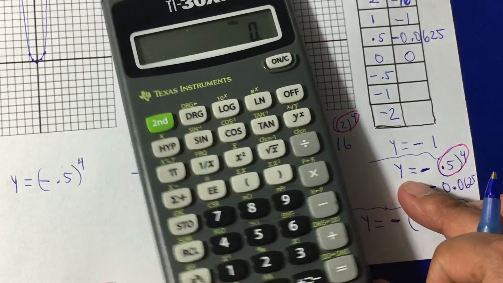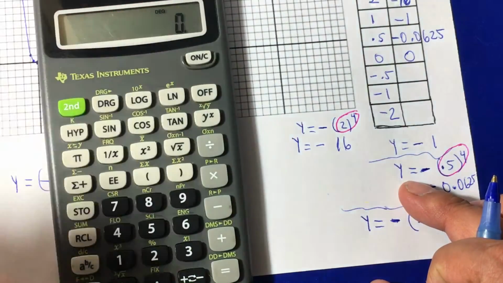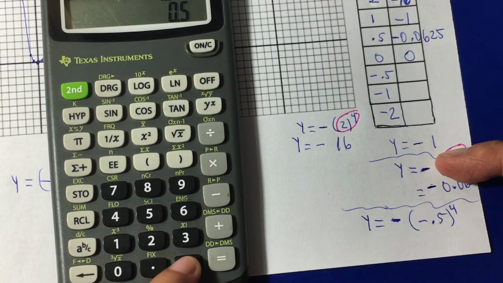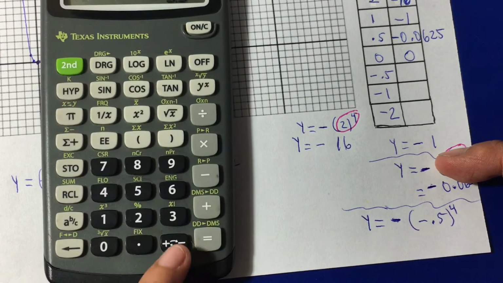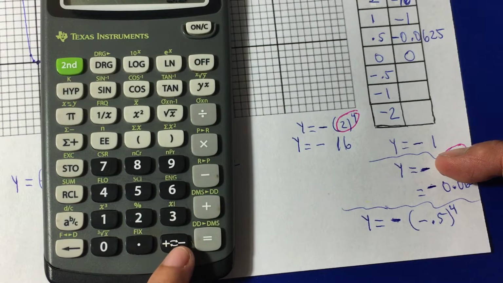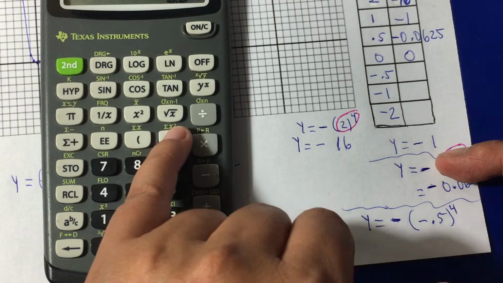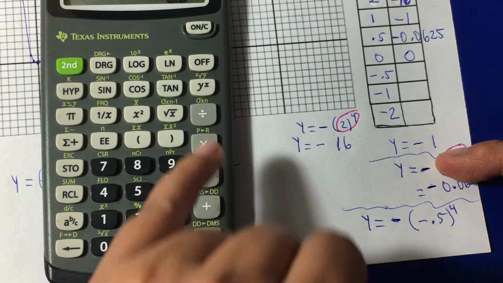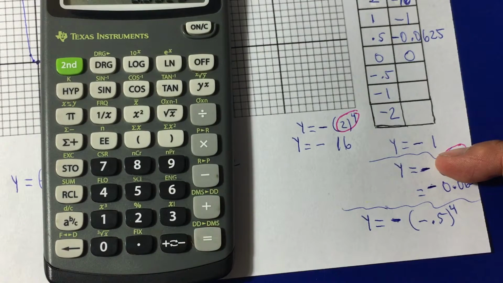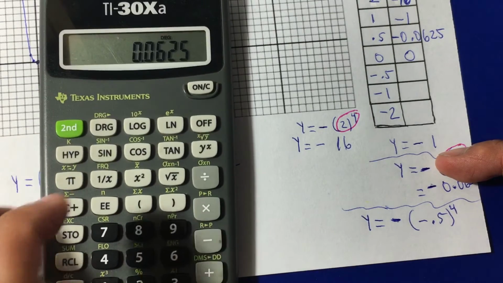I'll do it with a different calculator so you can see in case you have a different one. So we'll put the parentheses, negative 0.5. Notice how in here we had to put the negative afterwards. And negative is not the minus, it's this negative right here. We close the parentheses and we raise to the fourth power. See, it became positive.